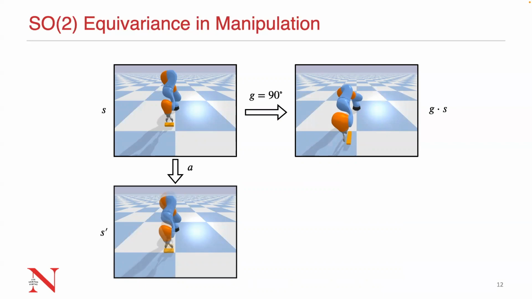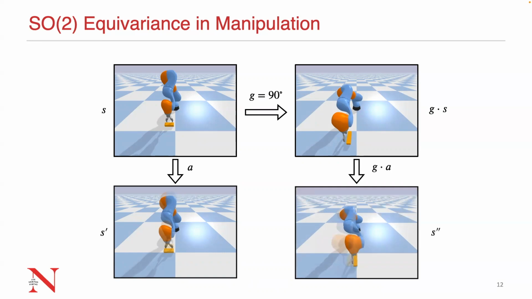And then we apply a rotated action as well. Before, we were pushing to the bottom. Here the rotated pushing action will push to the right. And then we end up with a new state S double prime. What we can see is that S double prime is actually a rotated version of the state S prime. So we can also write it as gS prime.